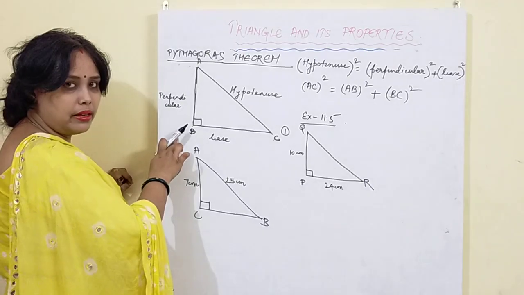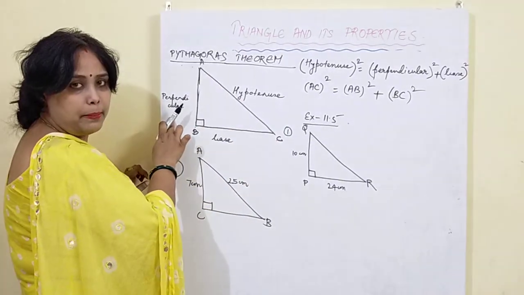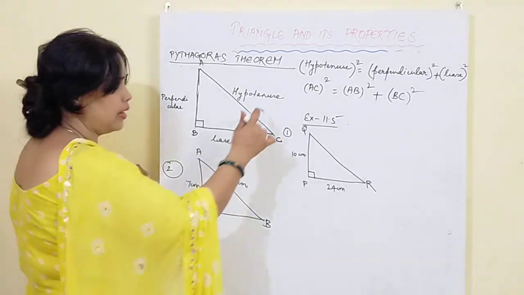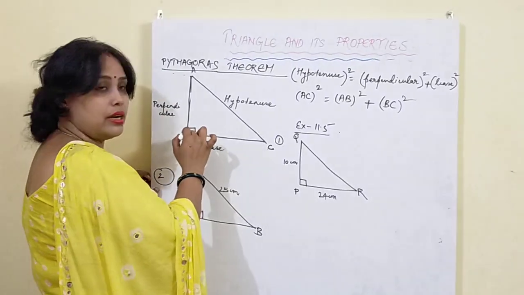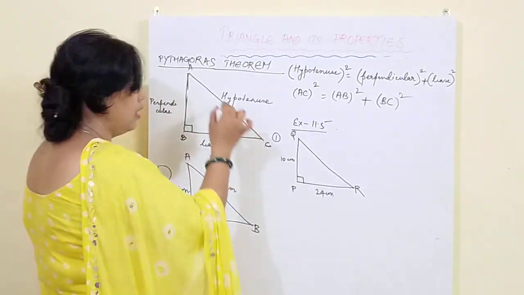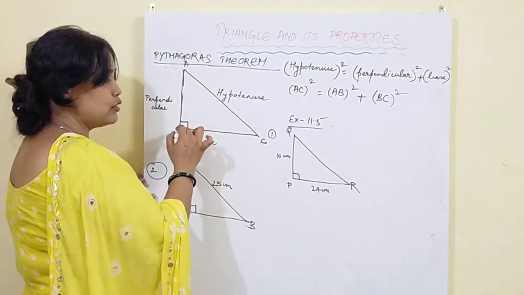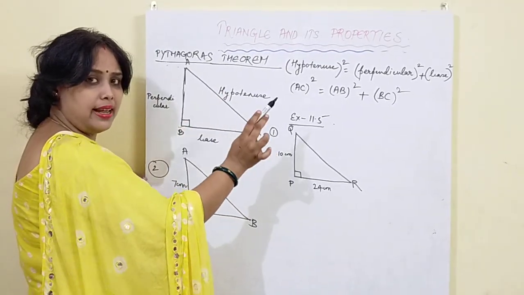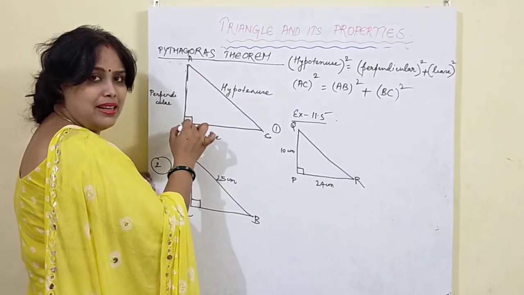So according to Pythagoras theorem, hypotenuse square is equal to perpendicular square plus base square. You can see I have written it. So AC square is equal to AB square plus BC square. Once again I repeat the formula, AC square is equal to AB square plus BC square.